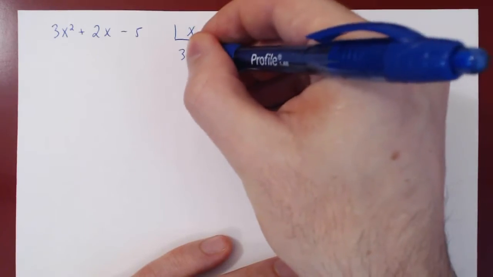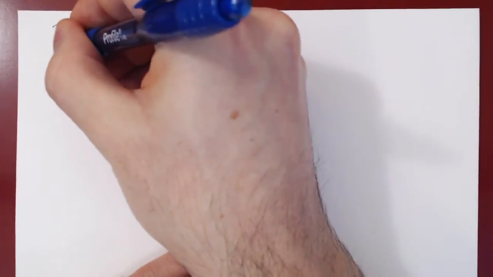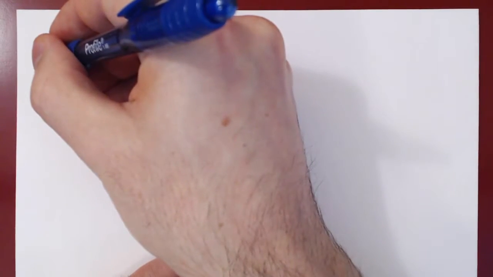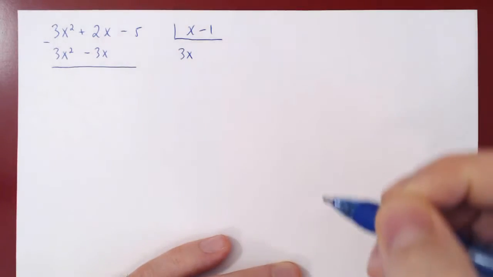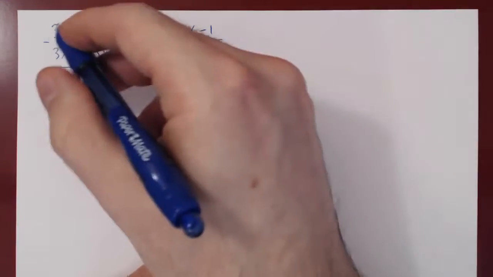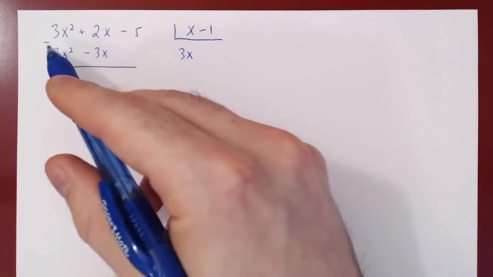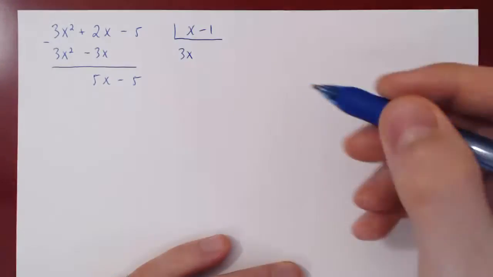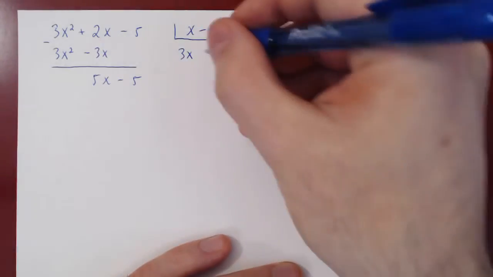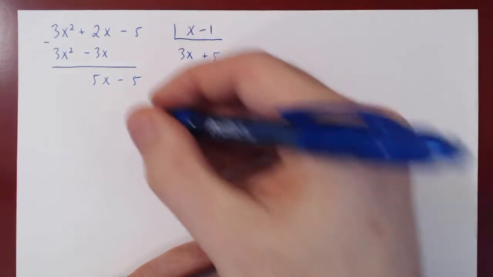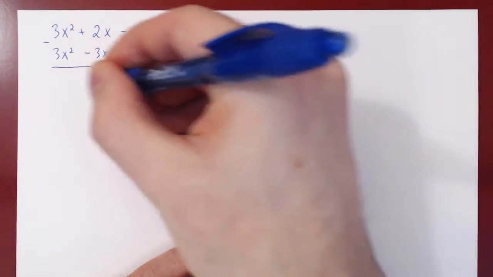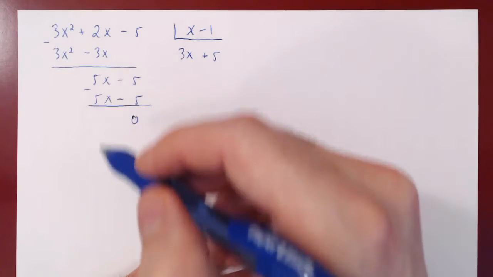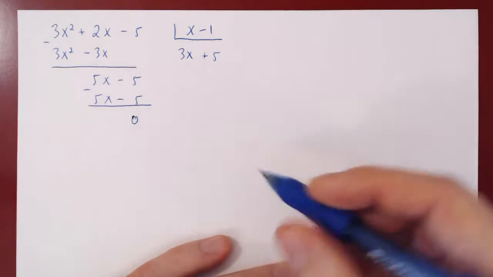So 3x squared minus 3x. 3x squared minus 3x squared is 0. 2x minus negative 3x is 2x plus 3x, which is 5x, minus 5. Minus 5 minus 0, negative 5, plus 5, 5x minus 5, which gives us 0.